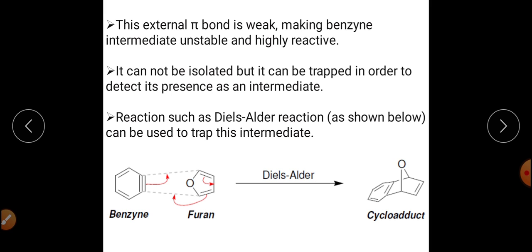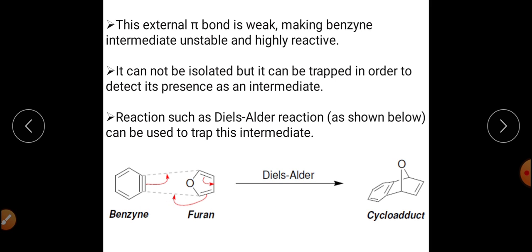And when we talk about the benzyne mechanism and the strong evidences regarding it, whether this benzyne has been synthesized during the course of the reaction or not, we come to the conclusion that, as you studied about reaction intermediates in your previous semester, the benzyne will undergo a Diels-Alder type of reaction.